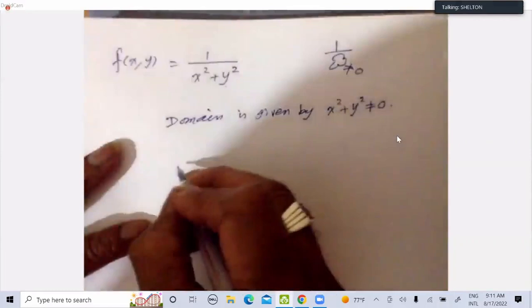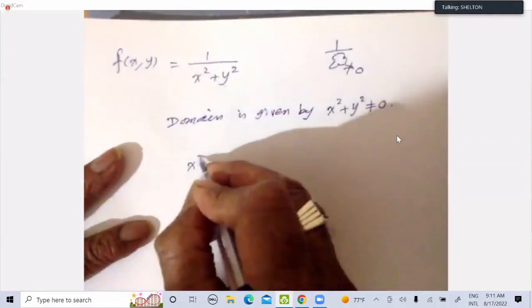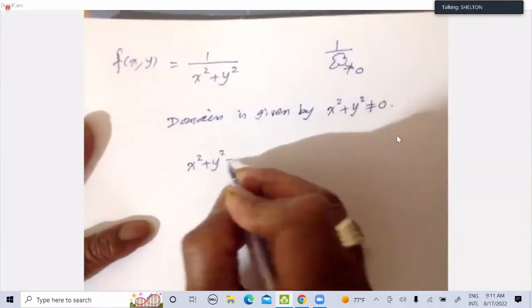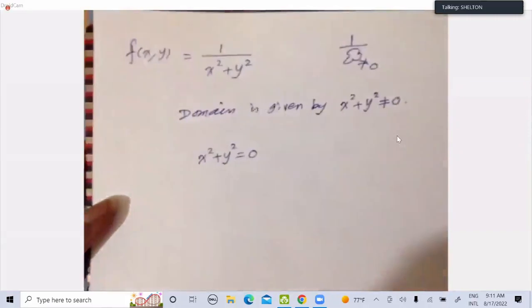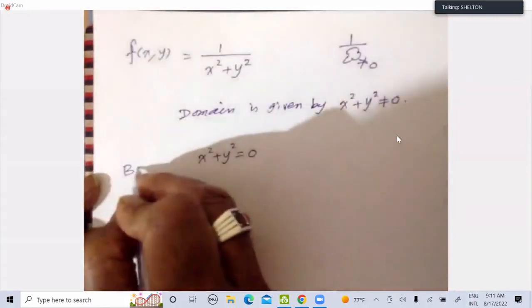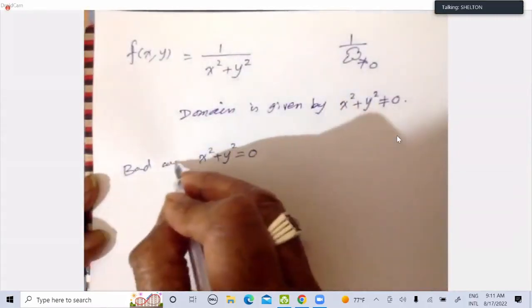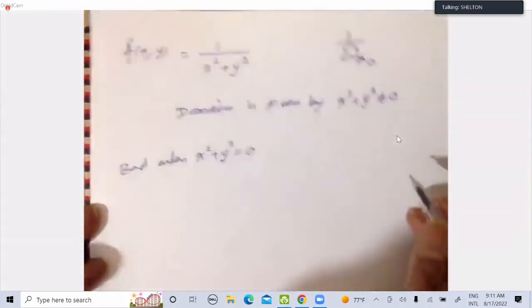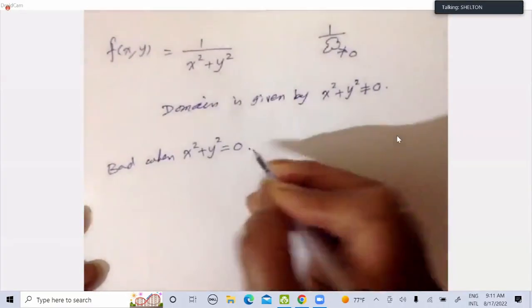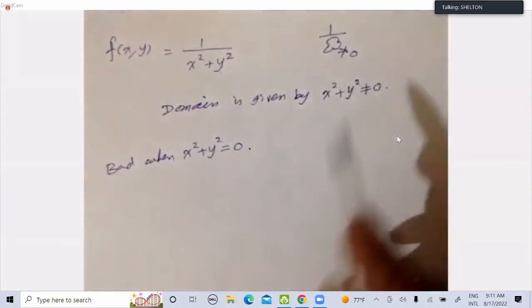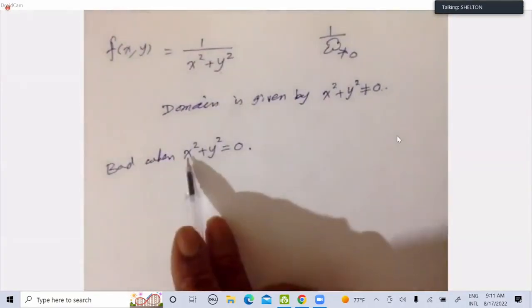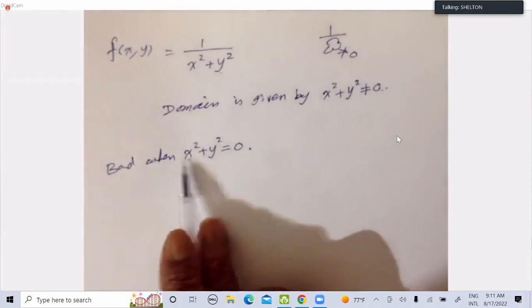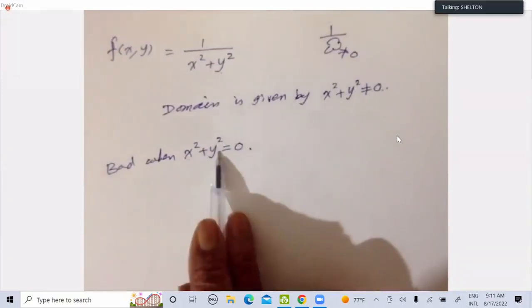But when is x squared plus y squared equal to 0? So the domain should be this, but we can visualize it better if we solve this. Only one equation, two variables.